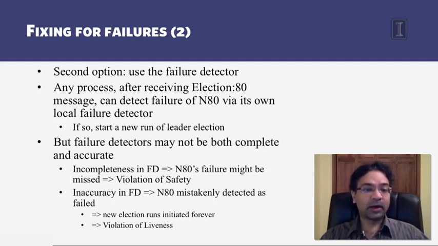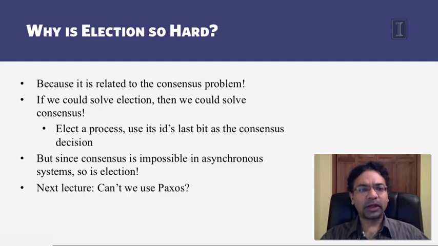Inaccuracy in a failure detector would mean that N80 might be mistakenly detected as failed and a new election might be initiated, and every time you may have the worst case happening, which is that the would-be leader is detected as having failed and a new election is initiated, and this means that you may never terminate the leader election protocol. So why is it that leader election is turning out to be so hard?